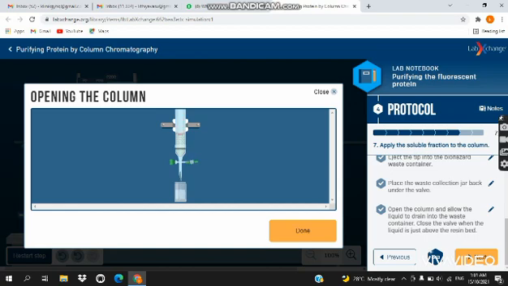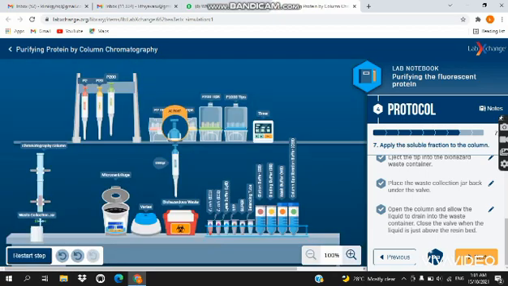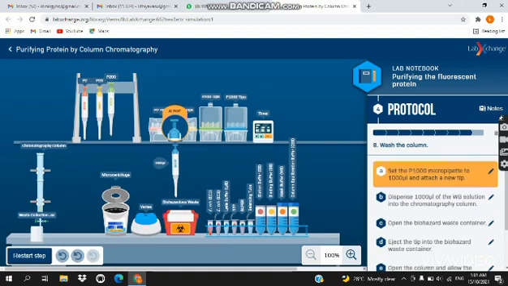When it's done, just close the valve when the liquid is just above the resin bed. Then next will be the wash. So set the micropipette to the new tips.